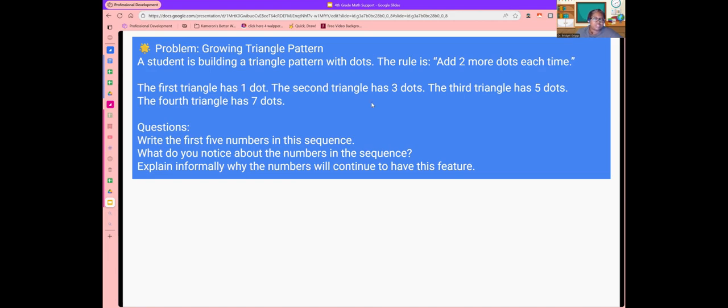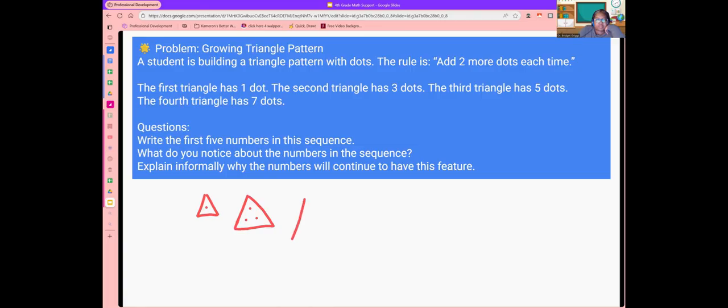So let's just start with question number 1, or task number 1. Okay, so we have 1 triangle that has 1 dot. We have a second triangle that has 3 dots.